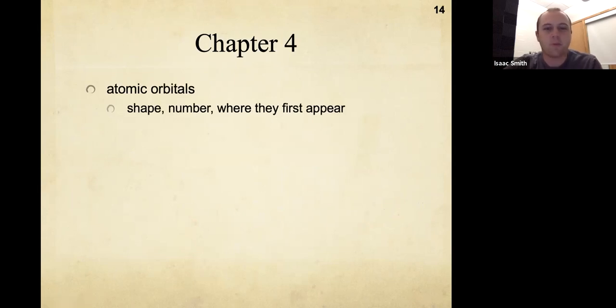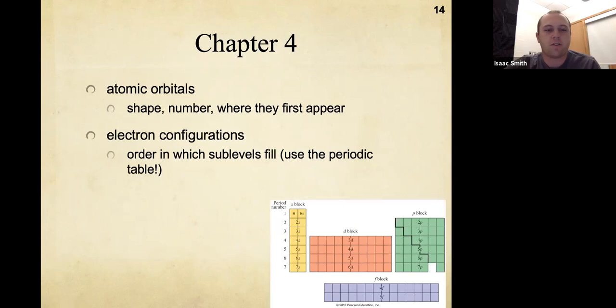Okay, atomic orbitals. We talked about electron configurations here. You need to know the order in which the sublevels fill. If you're writing out an electron configuration, you need to know how it goes: 1s, 2s, 2p, 3s, 3p, and you just use the periodic table for that. You've got 1s, 2s, 2p, 3s, 3p, 4s.